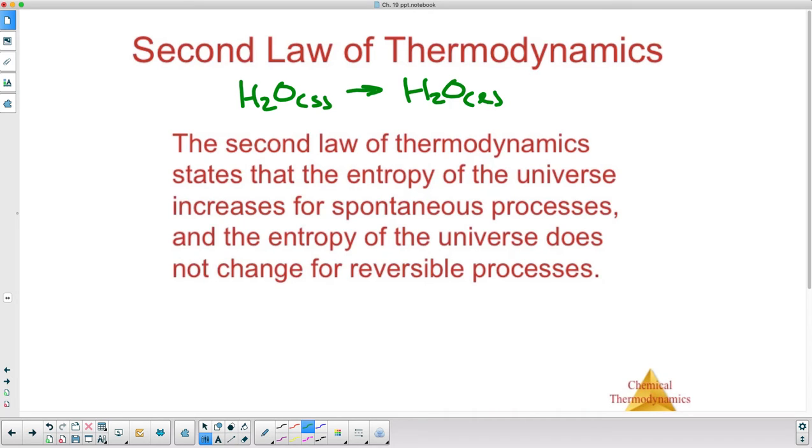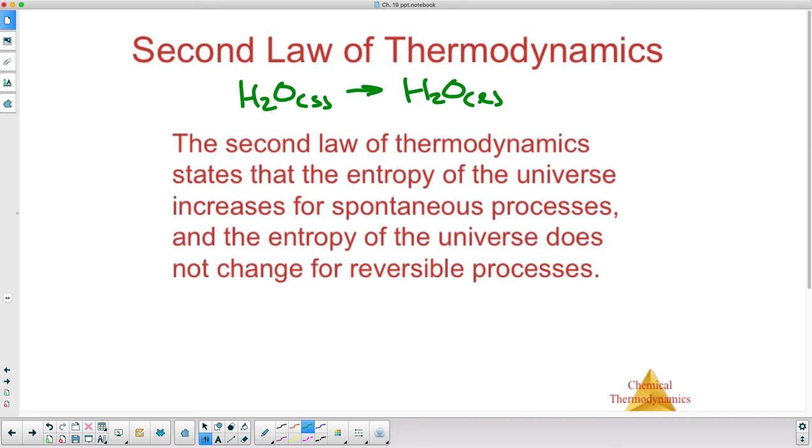This is a process that is reversible. So that means the delta S of the universe doesn't change when you go from solid to liquid, which would be an increase in entropy, an increase in randomness, because you can go back again from liquid to solid by decreasing the amount of heat and the temperature in the system.